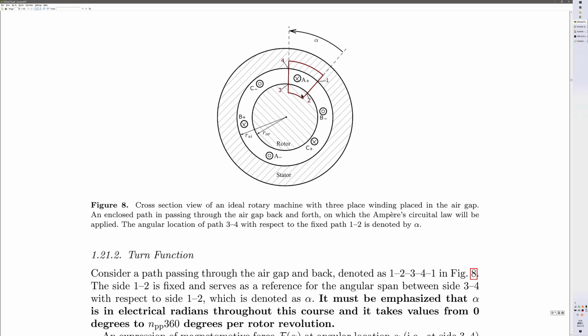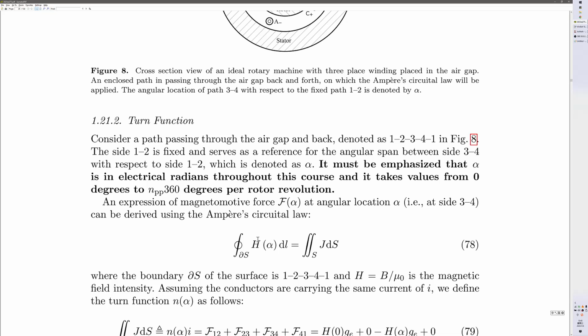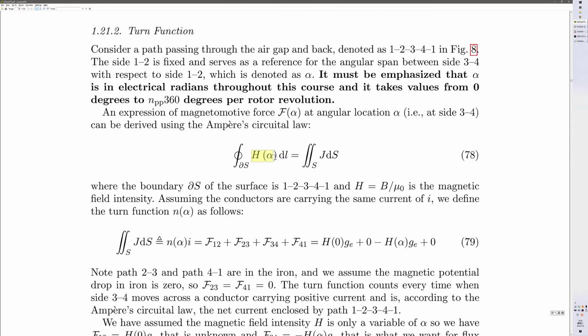We have a circuit that goes through the air gap, in and out of the rotor and the stator, and we apply Ampere's circuital law over this closed circuit. It's an integral over the magnetic intensity H, which is also a function of alpha. We are going to ignore that it's also a function of radial location R.